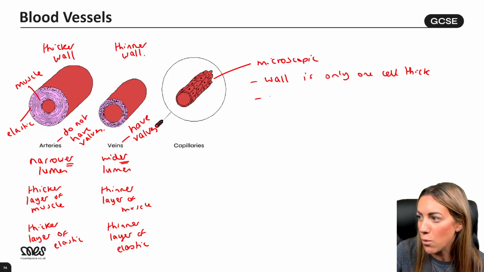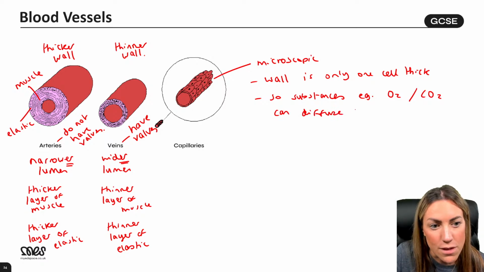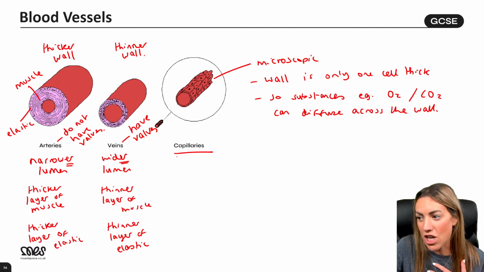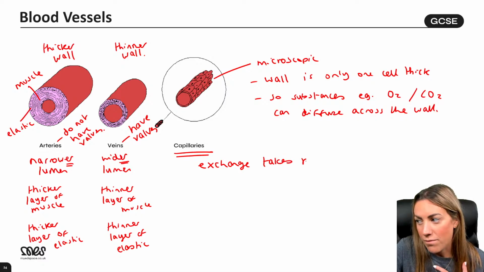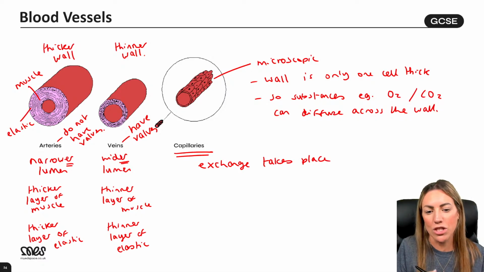Yeah, the wall is only 1 cell thick. So substances, e.g., oxygen, CO2, can diffuse across the wall. Because remember, it's the capillaries where exchange takes place. So this is where substances are exchanged between the blood and the cells.